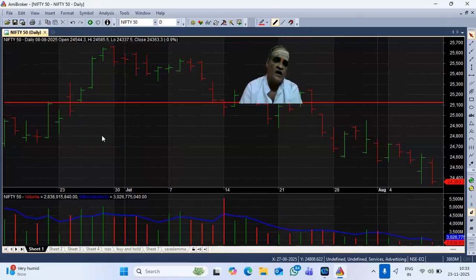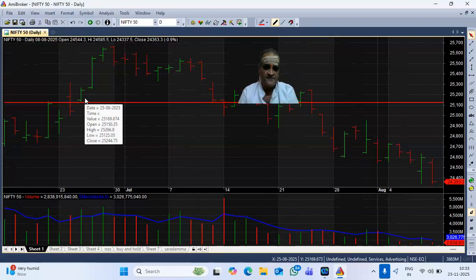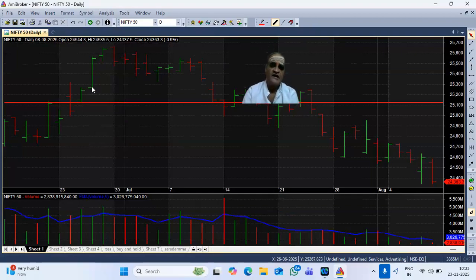So what I suggest is always take the low of the bar to enter. Here you can see that the low of the bar did not come down. So once the low of the bar is placed above this level, then next day at the opening itself we can enter.